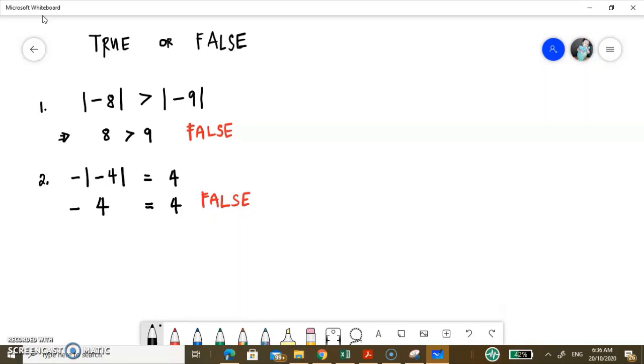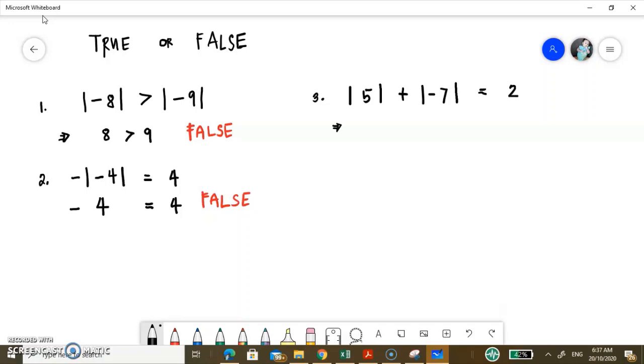Okay? Another example. True or false pa din. Say, the absolute value of 5 plus the absolute value of negative 7, okay, is equal to 2. Okay? Is this true or false? So, you get the absolute value of 5.